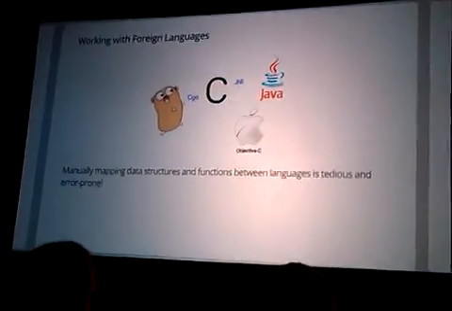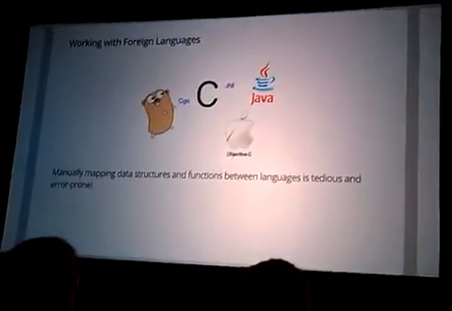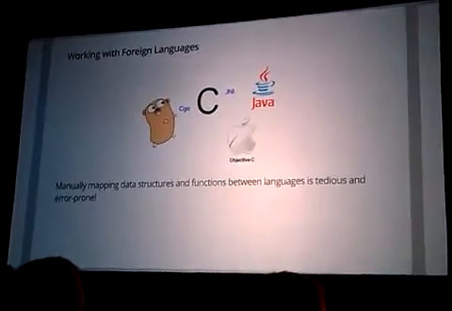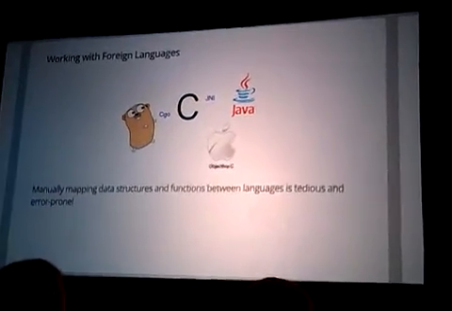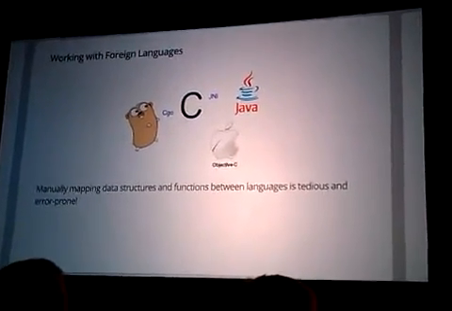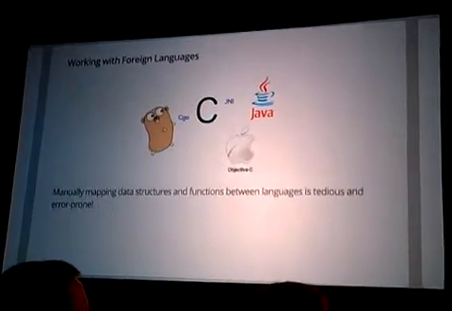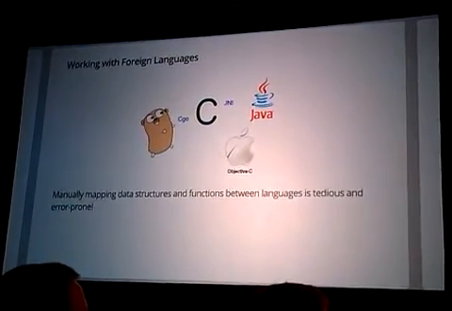And Java has JNI so that you can call the function. And Objective-C is a superset of C, so you can call this C function. So we have all these building blocks to build everything, right? But still, manually mapping data structures and functions between these languages is tedious and error-prone.